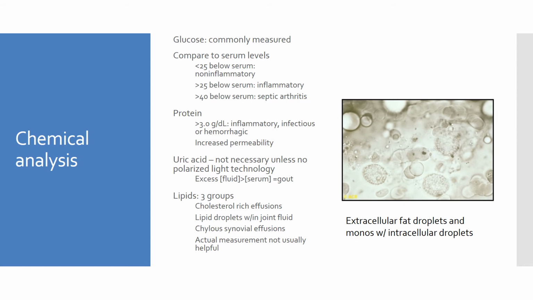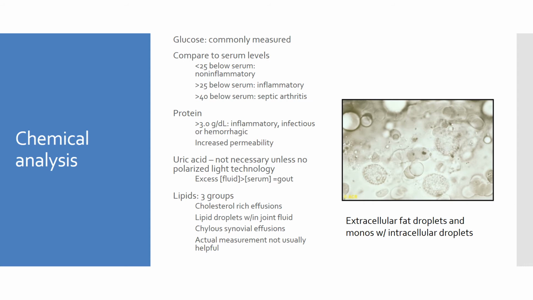When we do a glucose level, we have to compare it to the serum levels, and usually if it's less than 25 below the serum, it's probably non-inflammatory, because remember it's an ultrafiltrate. If it's more than 25 below, it could potentially be inflammatory. Greater than 40 below could be septic arthritis. So although it's not a hard and fast case, these are general rules.